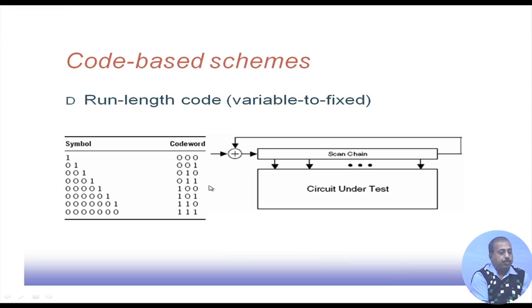So, what the decoder, the decompressor, can see is that it just checks the line coming from the ATE. If it finds the next 3 bits as 0 0 0, it will know that the actual symbol is 1. If it finds that the next 3 bits are 1 0 0, it knows that in the scan chain I have to put in this particular pattern 0 0 0 0 1.